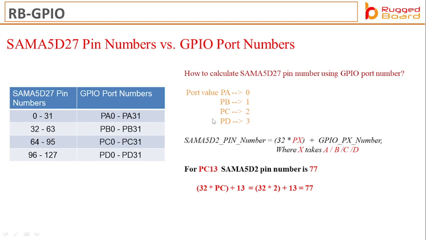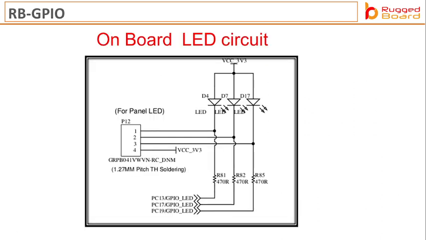Once we understand this concept, let us look at the onboard LED circuit. In the Rugged Board A5D2X, there are three user LEDs, connected to PC13, PC17, and PC19.